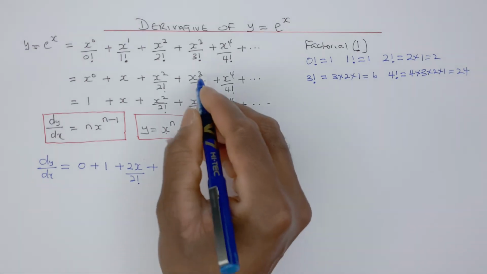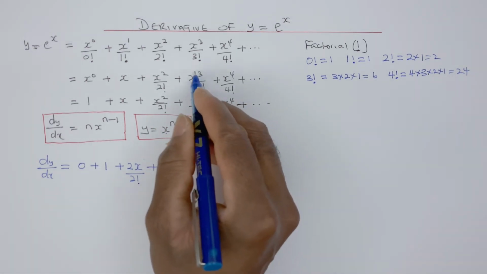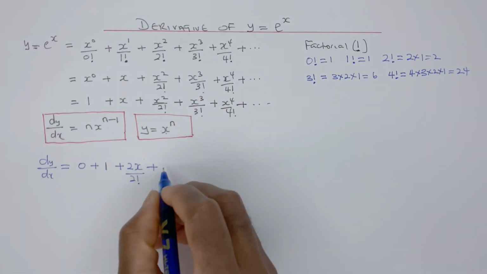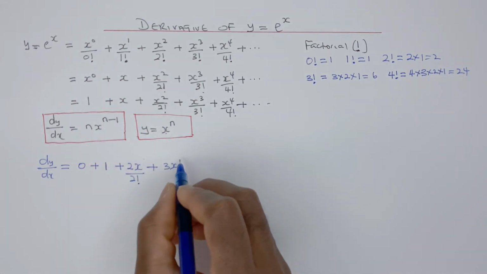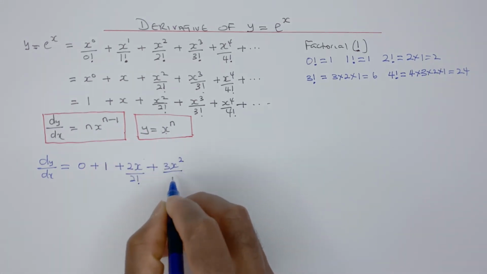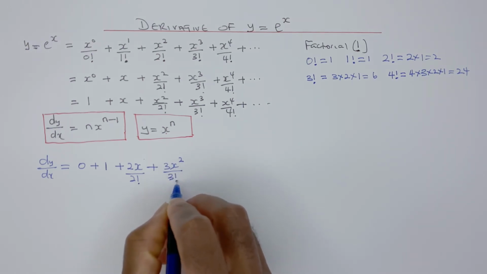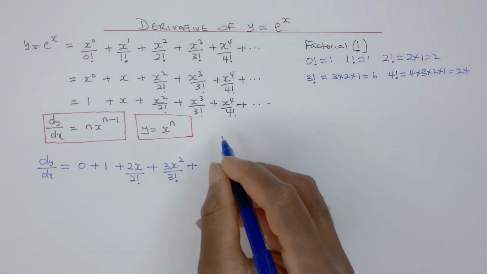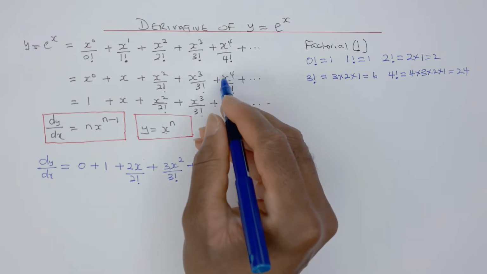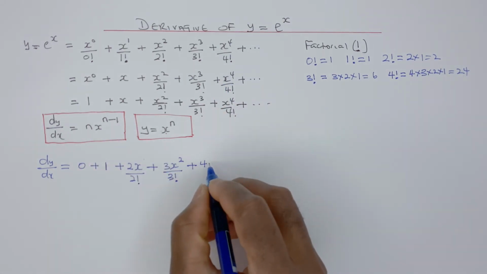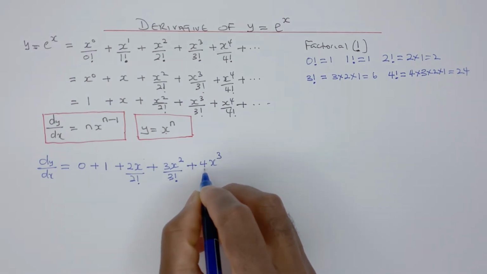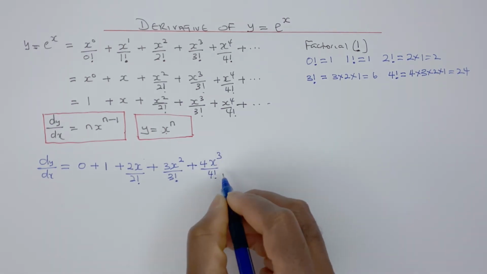So I need to bring the 3 down, so that's 3 there, x to the power of 3 minus 1, squared, over 3 factorial, plus that one, x to the power of 4. I need to bring the 4 down, so that's 4, x to the power of 4 minus 1, x to the power 3, over 4 factorial, and it goes on.